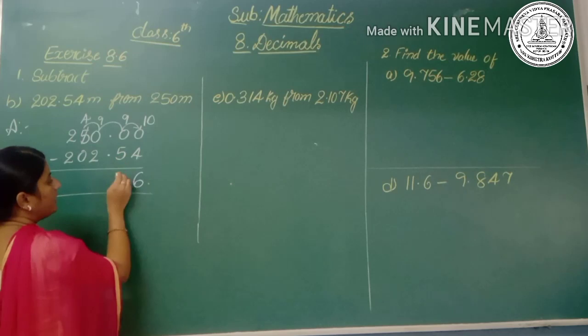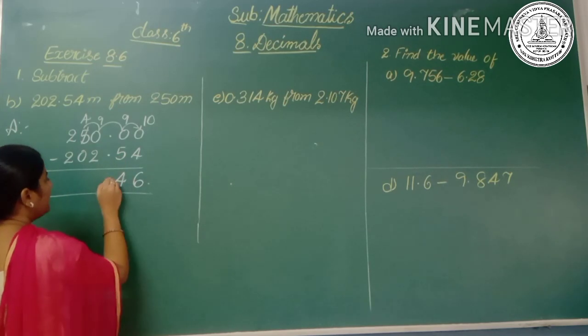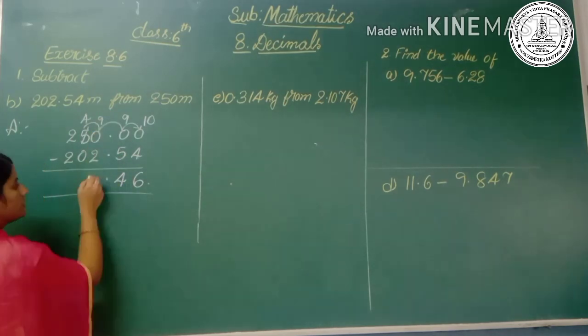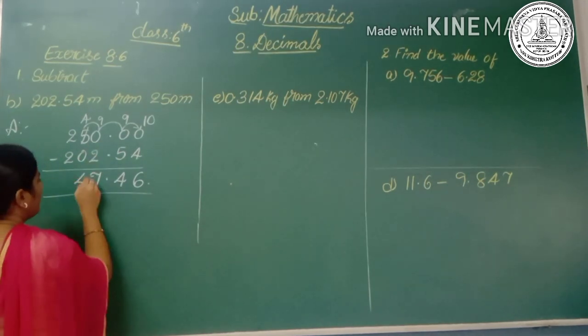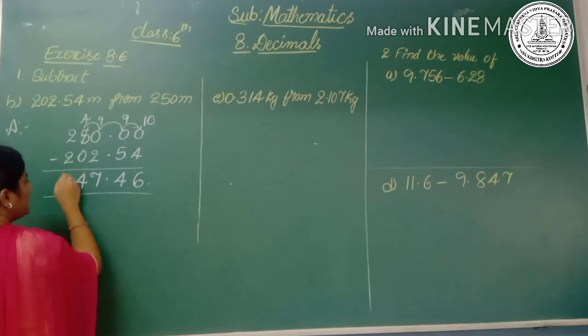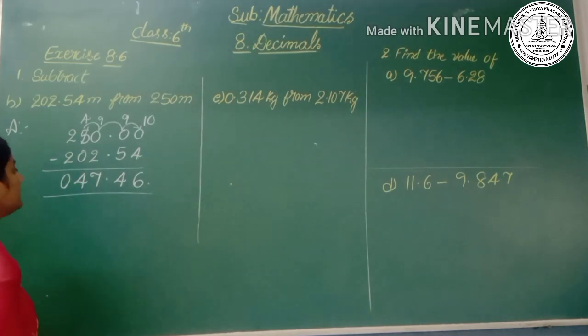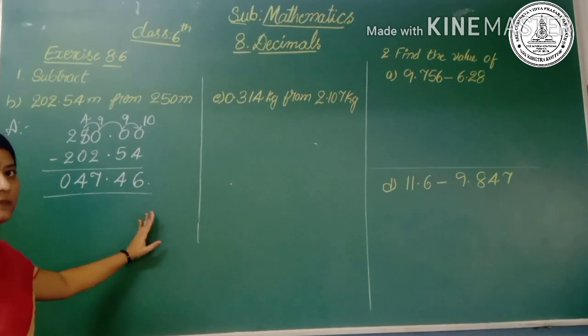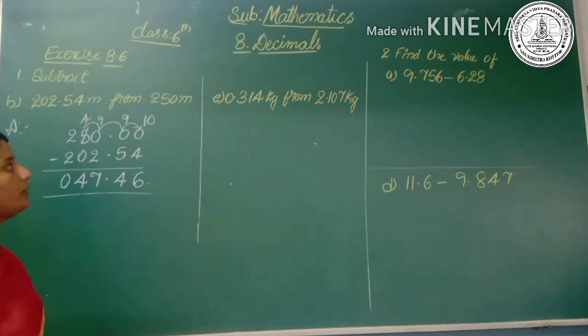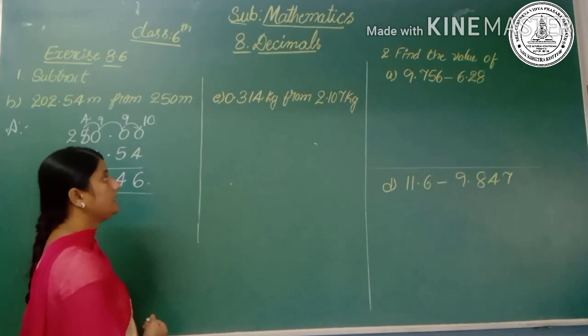Then 9 minus 5 is 4. Then keep the decimal point. 9 minus 2 is 7. 4 minus 0 is 4. 2 minus 2 is 0. What is the difference here? That is 47.46.